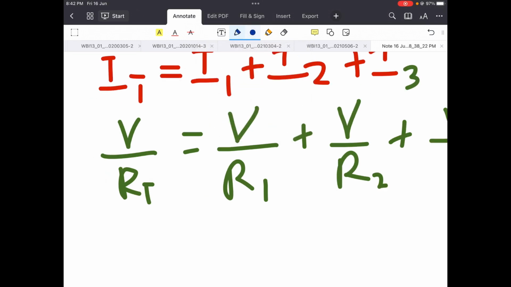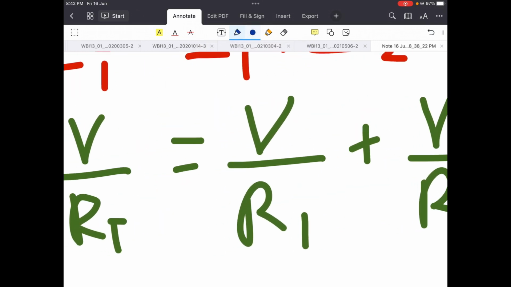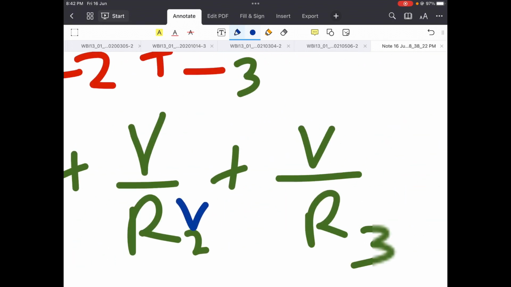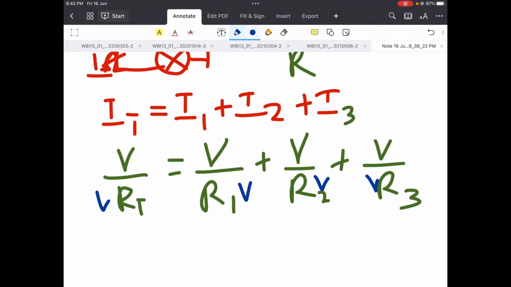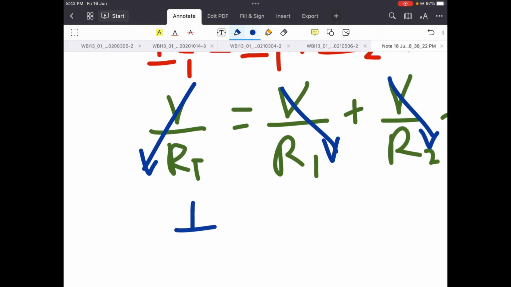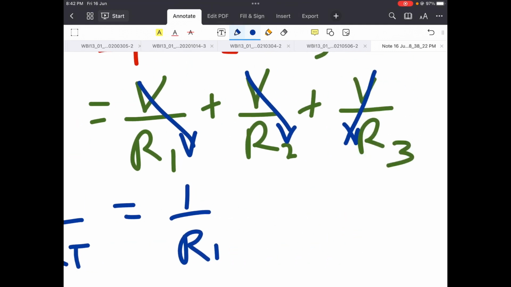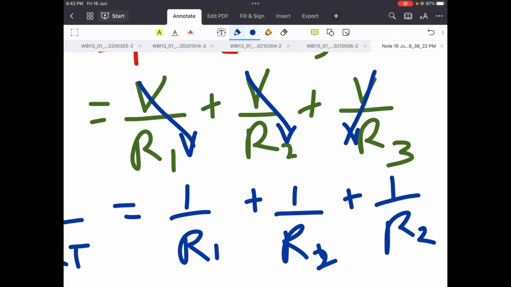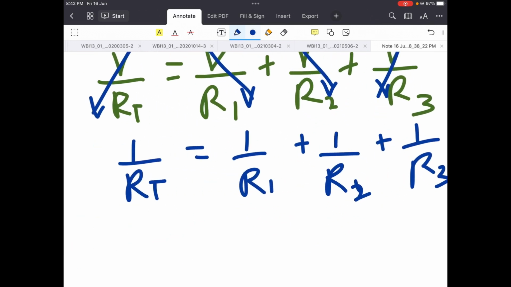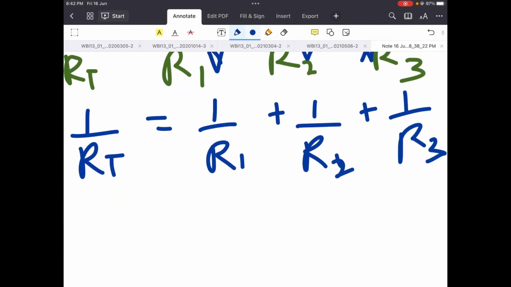So what you can do is divide by V. So we divide this by V, divide this by V, divide by V, divide by V, and this cancels out, this cancels out, this cancels out, this cancels out, and you're left with 1 over RT is equal to 1 over R1 plus 1 over R2 plus 1 over R3. And that is the equation for resistances in parallel.